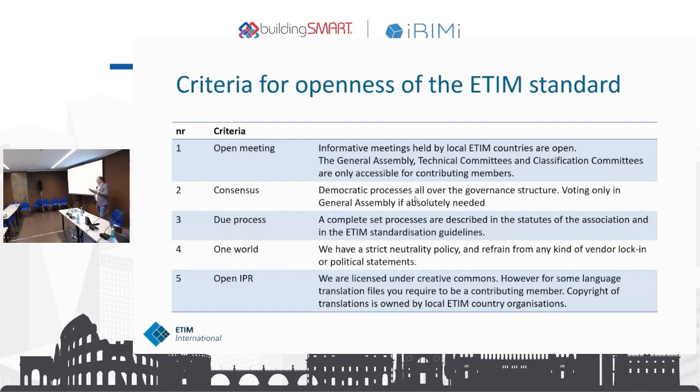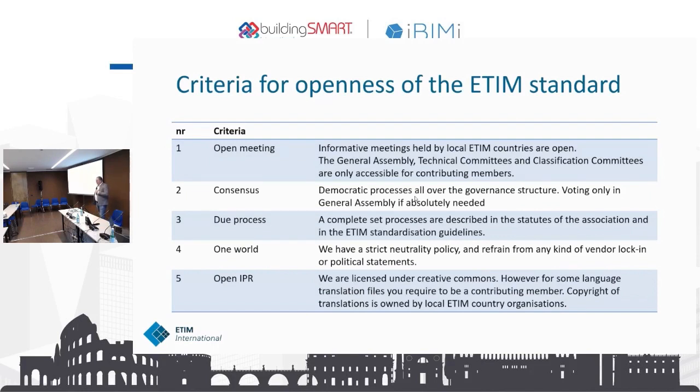And that's open. So that also accounts for open meeting. A due process, a complete set of processes as are described in the statutes of the association and in the ETIM standardization guidelines. So we are all about these processes. Processes should be followed. Otherwise, it immediately becomes a mess.